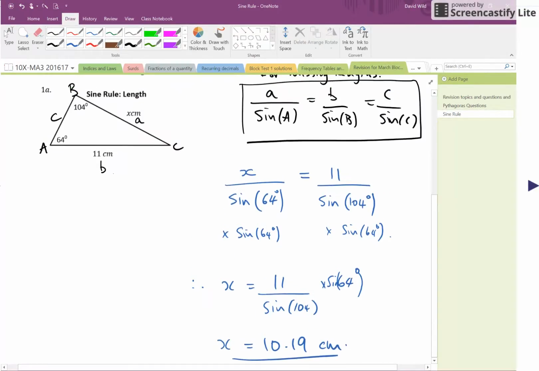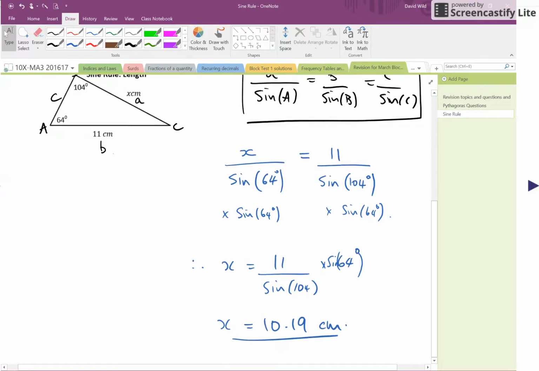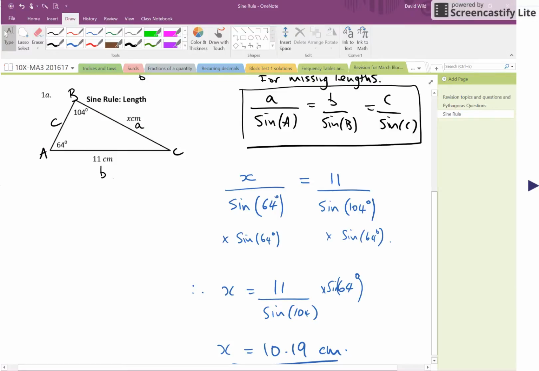And you should always look at your answer to say, is it sensible that that is 10.19? Yeah, it's certainly in line with the fact that this is 11. It's not a right angled triangle, so we're not sure whether it's slightly more or slightly less than this 11 centimeters.